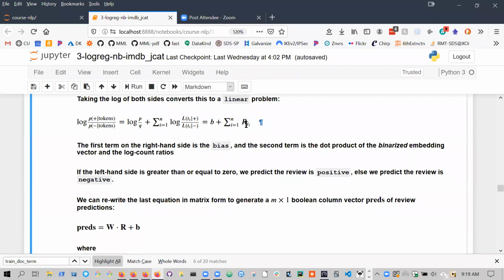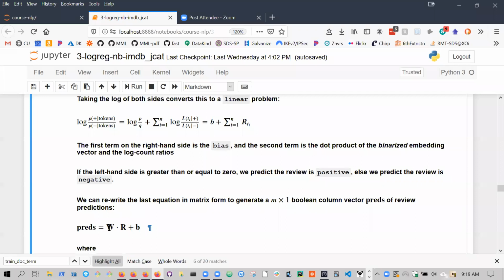Yeah. So this W actually is for all of the reviews, but if you just took one row in W, the row corresponding to the first review, let's say, then what's in W? W, I said, is the binarized embedding vector for that review.